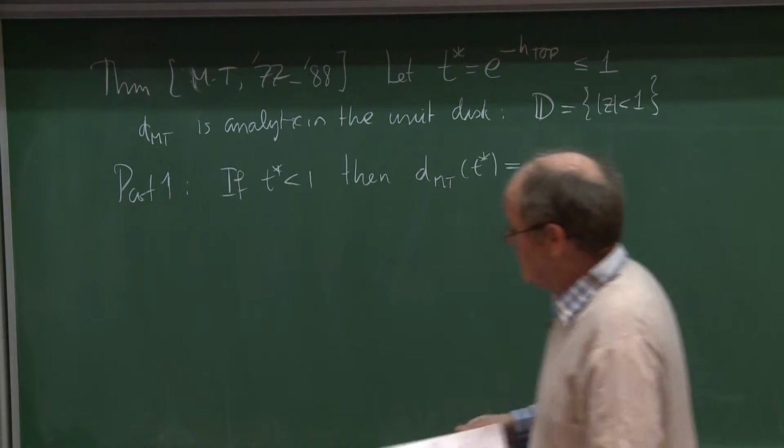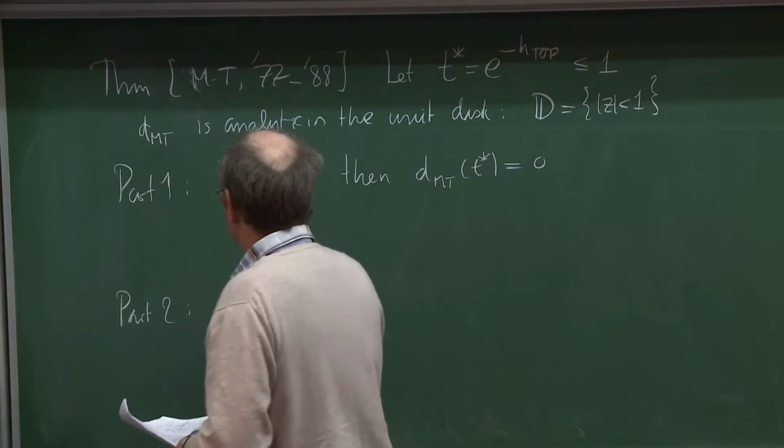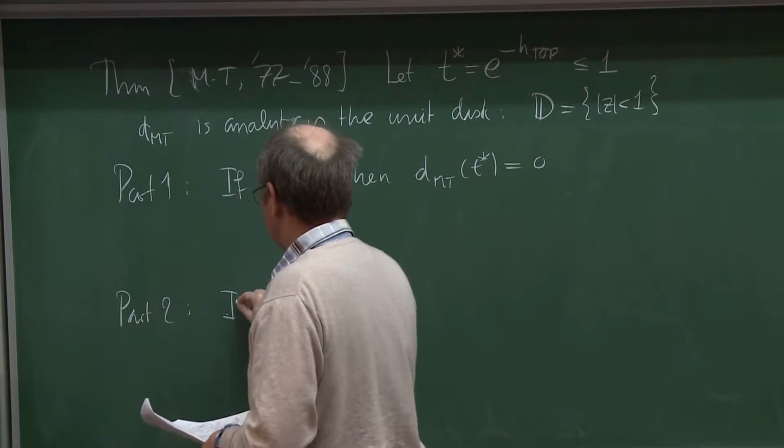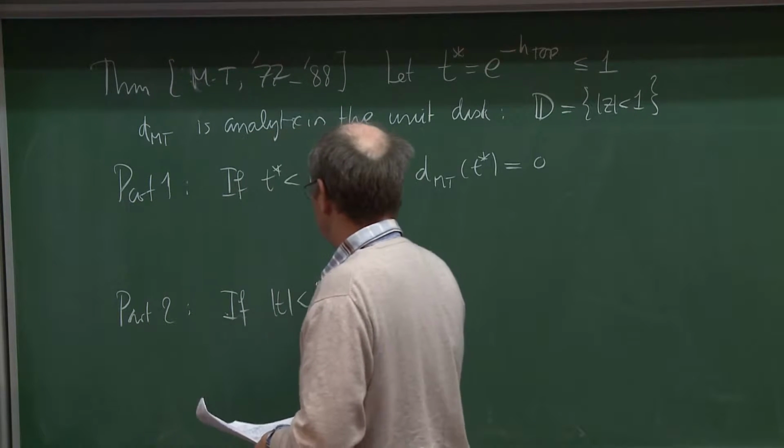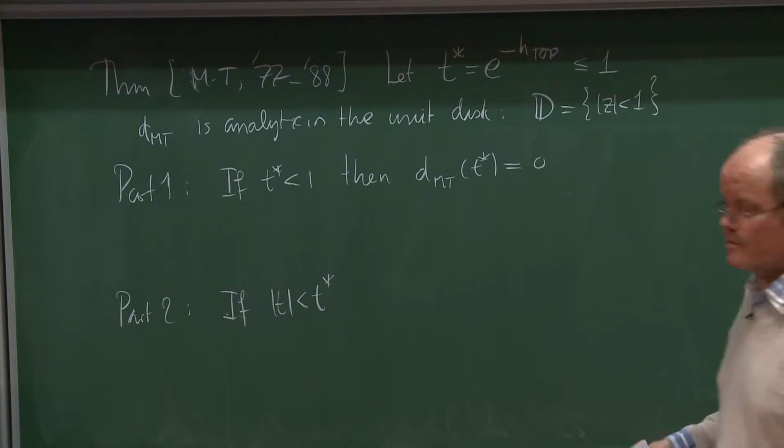And the second part is that if you take any number t smaller than t star, then the determinant is not 0.